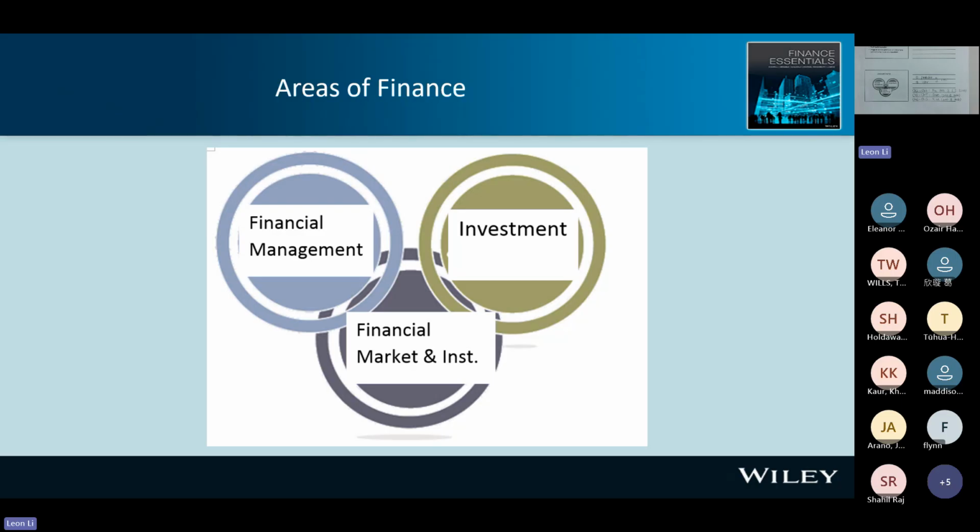I mean, the issues we discuss here will be basic or simple. If you'd like to study an advanced topic about the three areas of finance, for financial markets, we have a 200 level paper, 203. Investment, we have 202 and 302. Financial management, we have 200 and 305. But for 101, I hope you have a basic, important understanding about the three areas of finance.